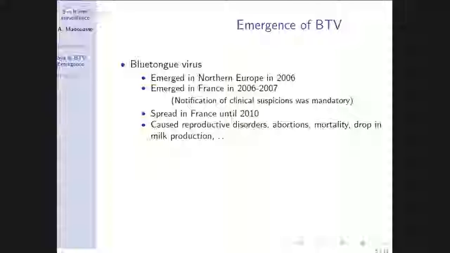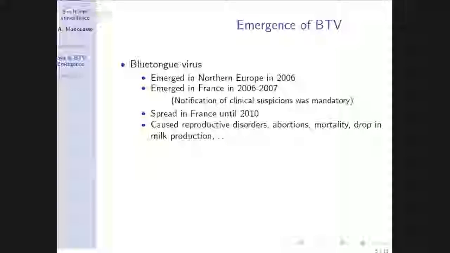So now I'm going to talk to you about the example of the Bluetongue virus, on which I worked. The Bluetongue virus emerged in ruminants in northern Europe in 2006. The disease was already known. It was progressing in the south of Europe, but the emergence in northern Europe in 2006 was unexpected.